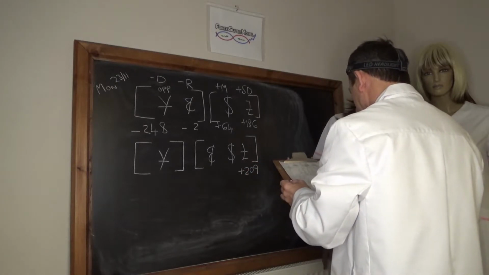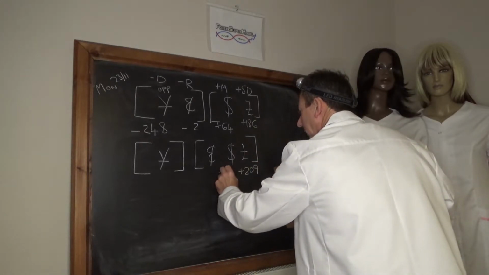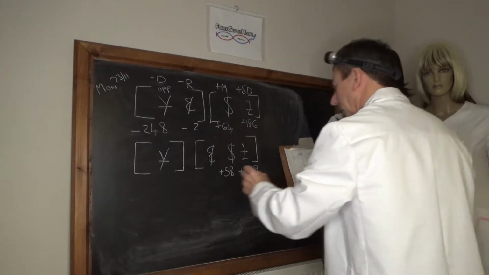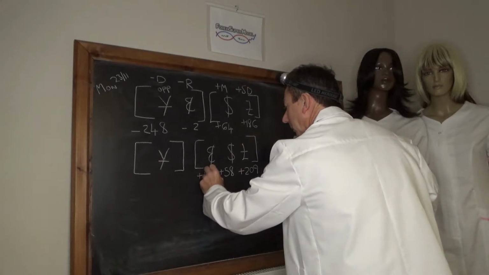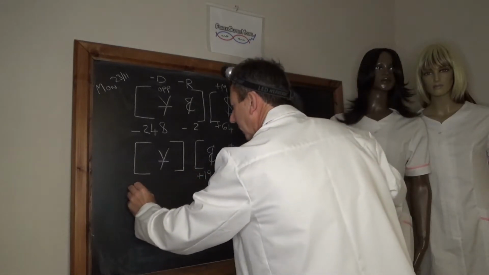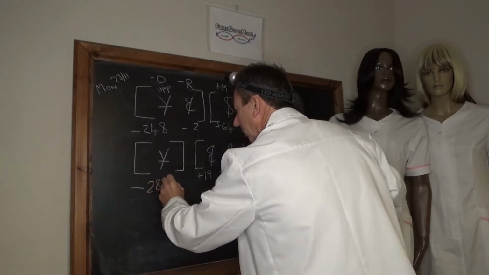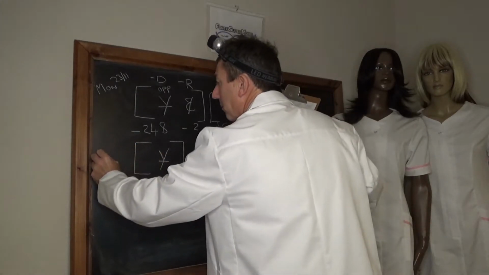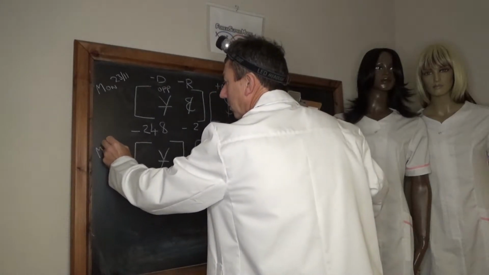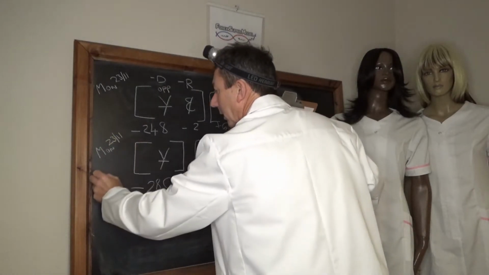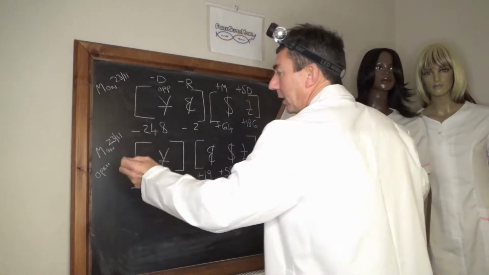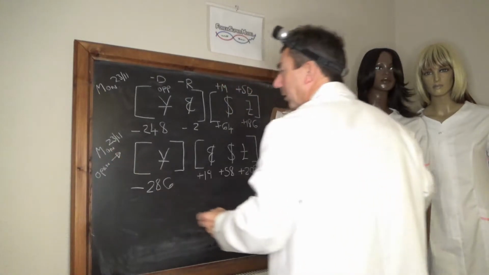The dollar was plus 58. The euro was plus 19. And the yen was minus 286. So this is from Monday, the Monday open, 23rd of the 11th. That's the open of the market yesterday to about half an hour ago.